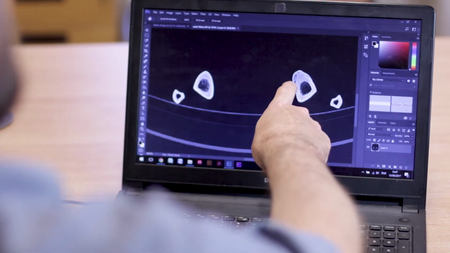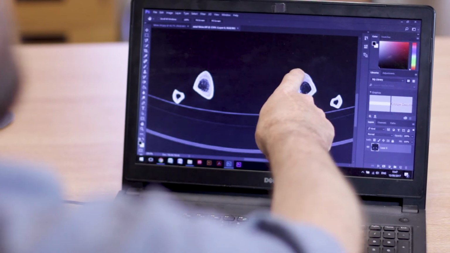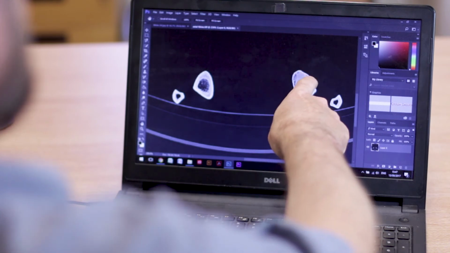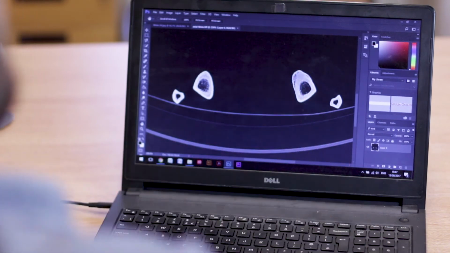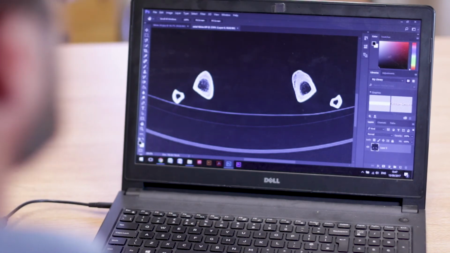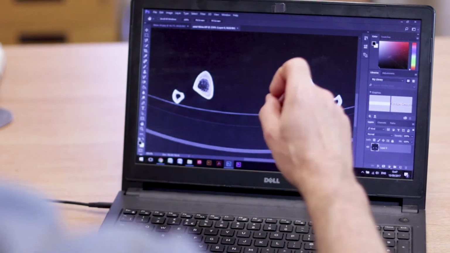Whereas on this side you can see there's a lot of thickening of the bone around this part of the tibia, and this is where the person's had an injury when they were alive, and the bone has healed around the site of the injury to create that thickened appearance here.